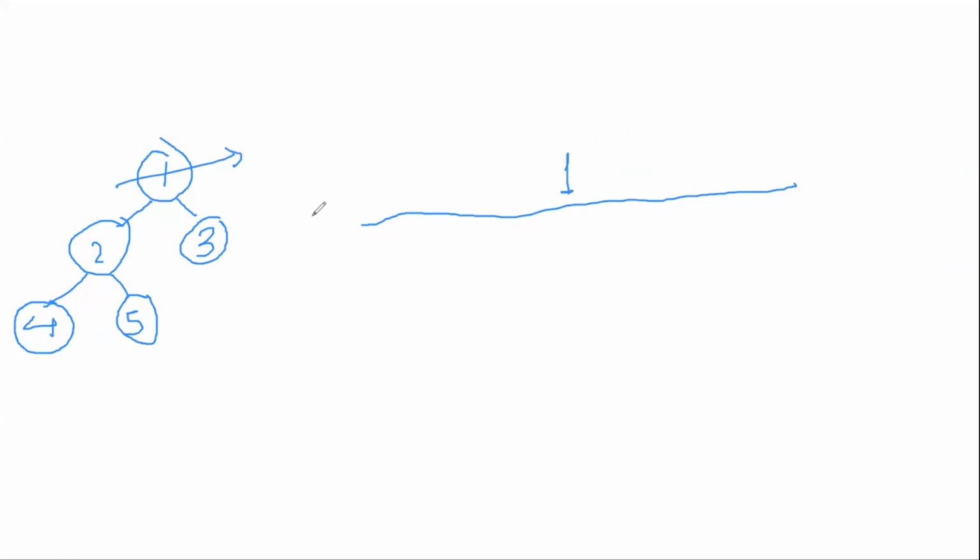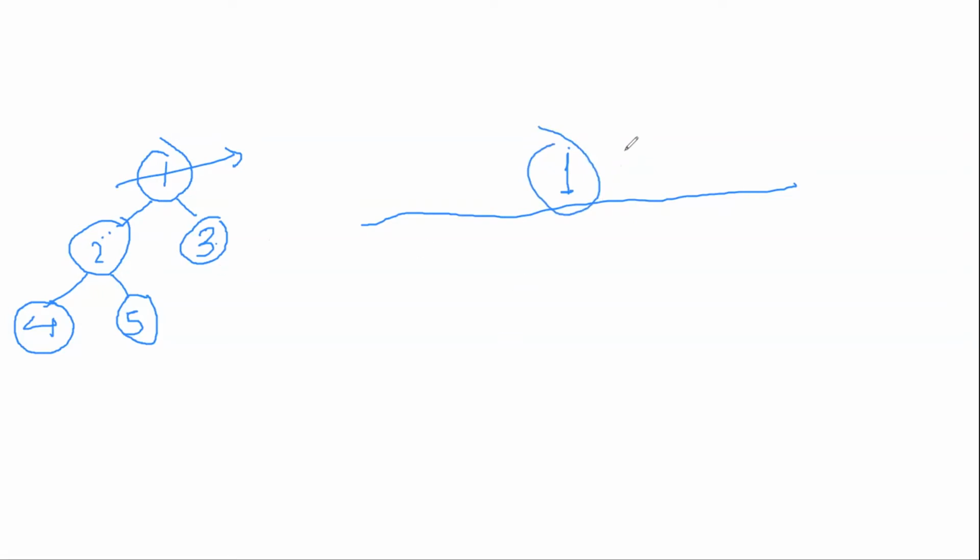Okay. We added the element 1. Then we'll check whether element 1 has any left or right node. If it has, that is left node 2 and right node 3, you getting my point? First we'll push the element 1, then we'll check whether it has left and right node.